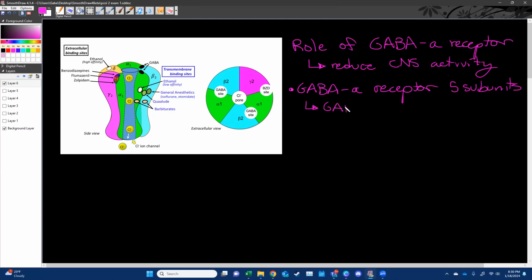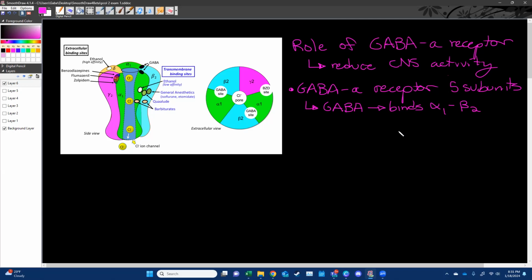The natural GABA neurotransmitter binds between alpha and beta. What this means is that for a drug to have the complete effects of GABA, it needs to bind in a very similar place to GABA. If you bind in any other configuration than GABA, you're going to have less and less of an effect.